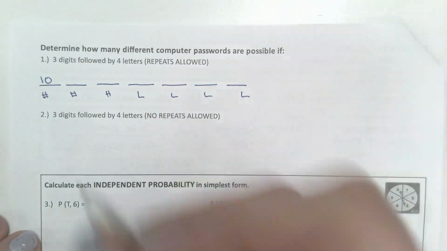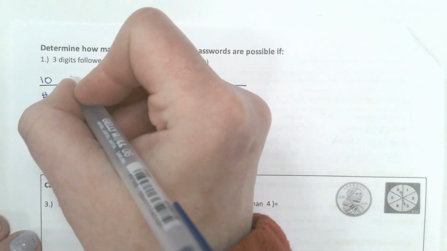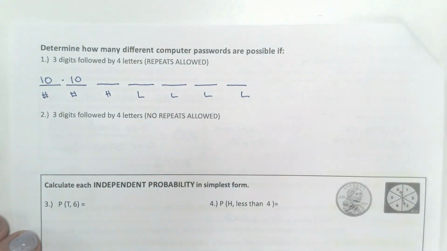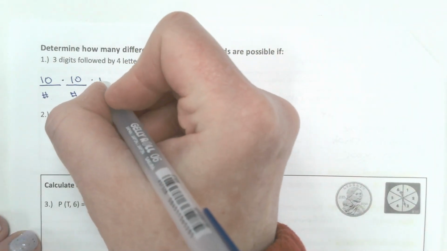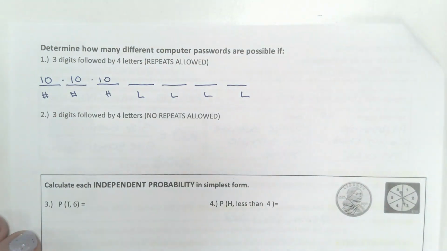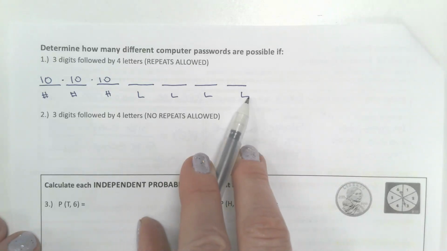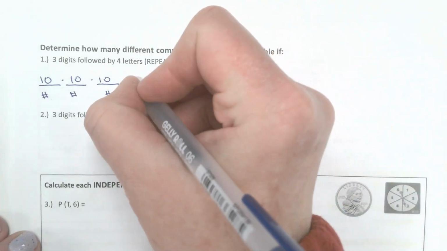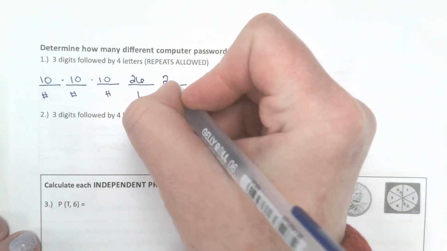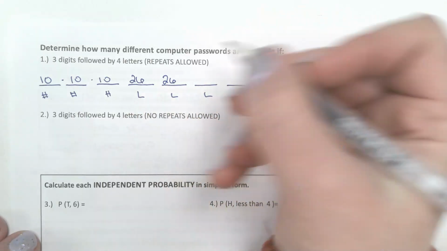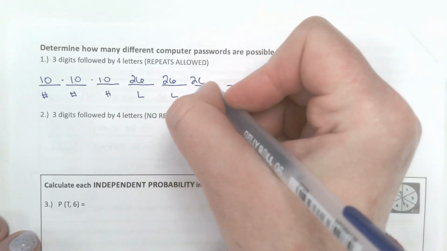So, when you count 0 to 9, there are 10 digits. Repeats are allowed, so you could have 111 if you wanted to. And now we're followed by letters. So, how many letters are in the alphabet? 26. And repeats are allowed, so you could go A if you wanted to.